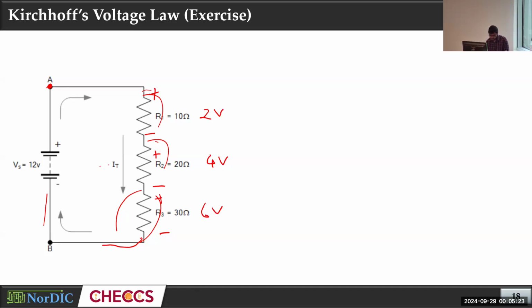And we also know the value of this current IT, which was 0.2 ampere. So if we know the voltage and currents of all the elements, we can calculate the power, right? P equal to VI. We just need to find out whether that will be positive or negative. That's the thing. So can you calculate the power of all the elements?